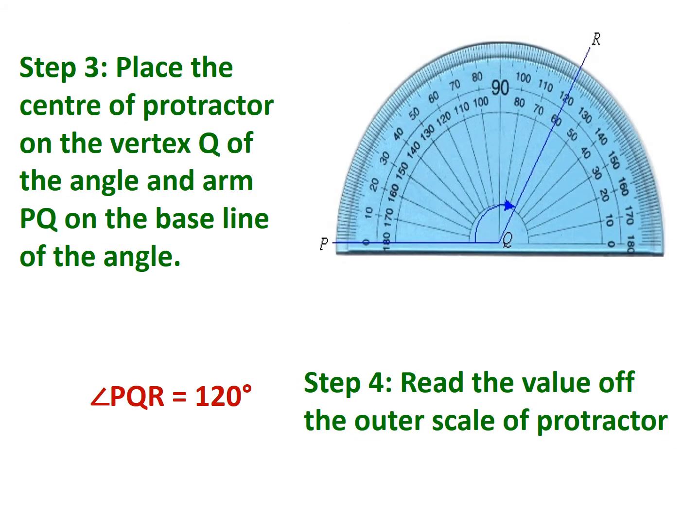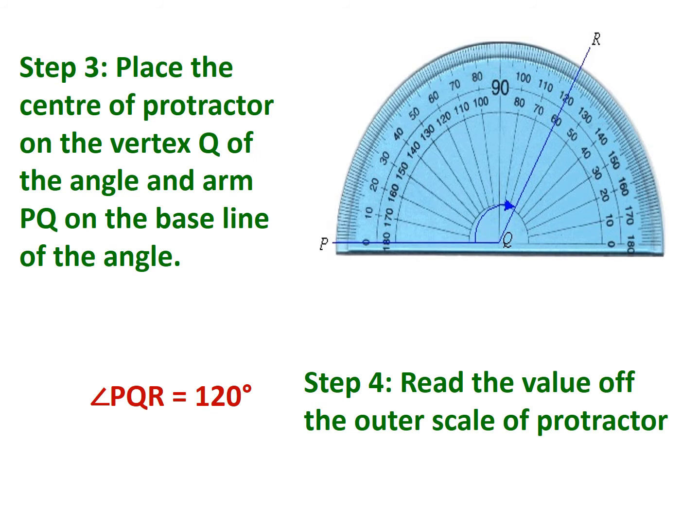To measure the size of angle PQR, place the protractor over the angle so that the center of the protractor is directly over the angle's vertex Q. And the baseline of the protractor is along the arm PQ of the angle PQR.